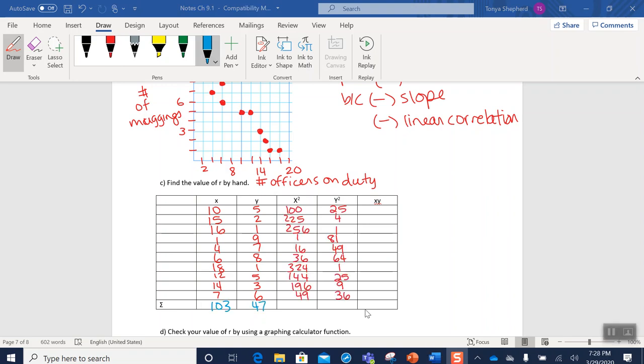Okay, so I have squared all of the x numbers. I've squared all of the y numbers. And so now what I need to do is go ahead and add those up.